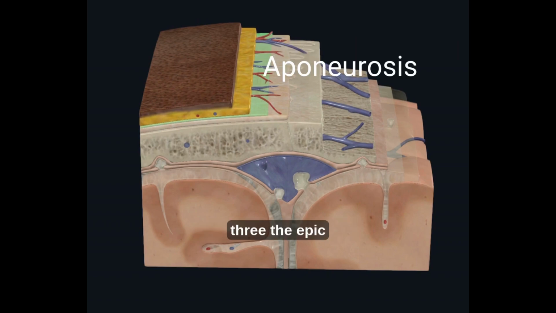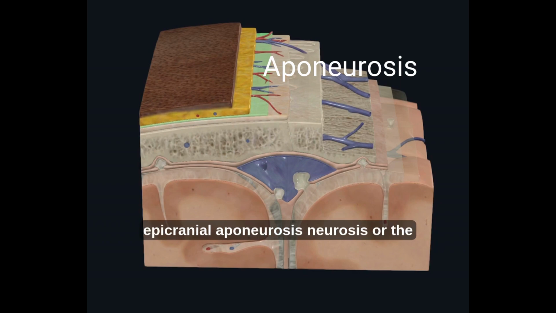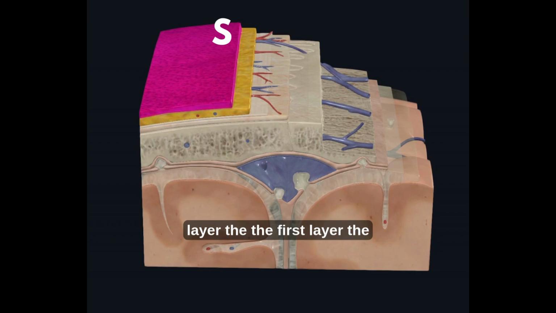3. The epicranial aponeurosis. The epicranial aponeurosis, or the galea aponeurotica, is a part of a muscle called the occipitofrontalis muscle, which extends from anteriorly to posteriorly, attaching to your supranuchal line.